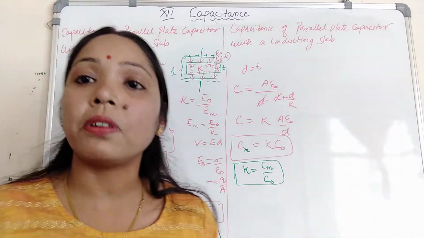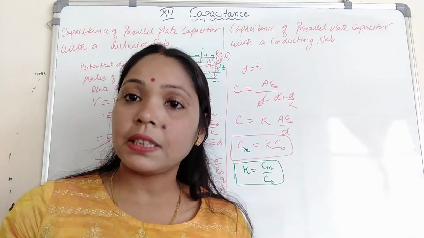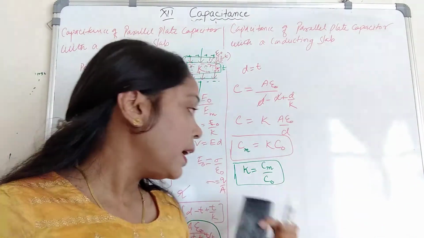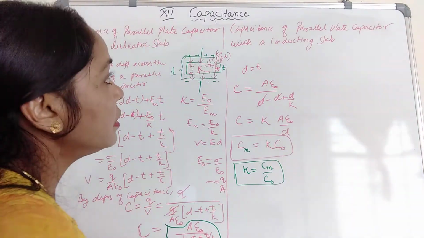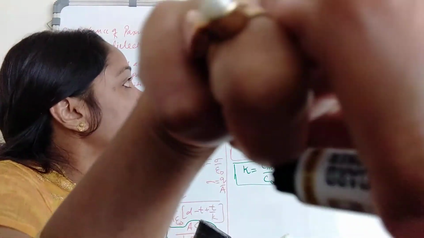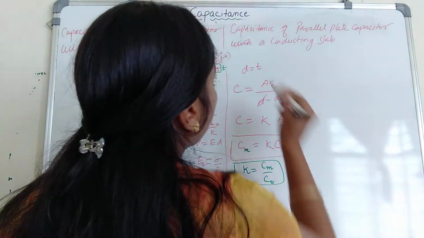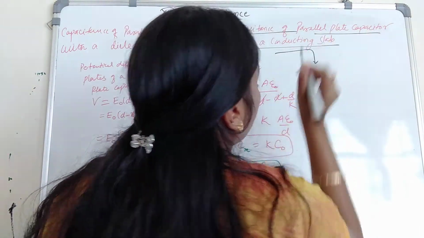The dielectric constant in terms of capacitance is the ratio of the capacitance in medium to the capacitance in vacuum. Now see the next topic: the capacitance of a parallel plate capacitor with a conducting slab.